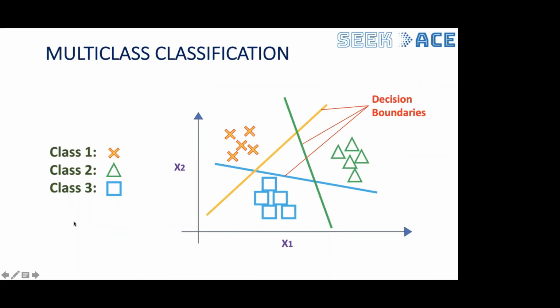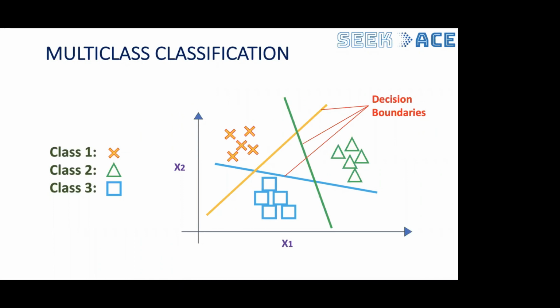Then when you are making a decision, just take the maximum of the probabilities of all the classes, and your output will be assigned to the class that has the maximum probability. So that is the trick we use when there is a multi-class classification.